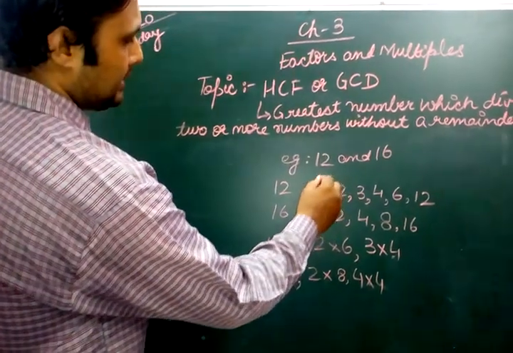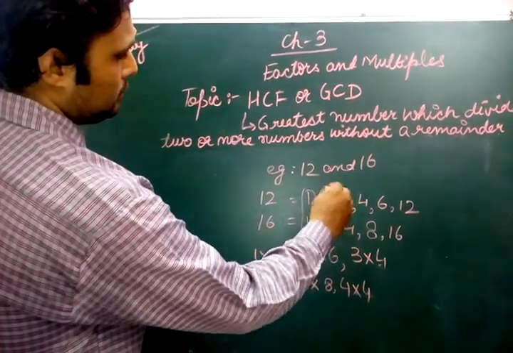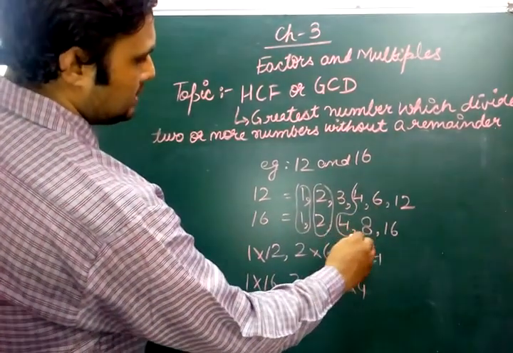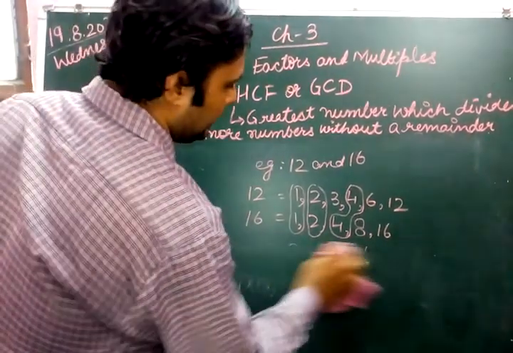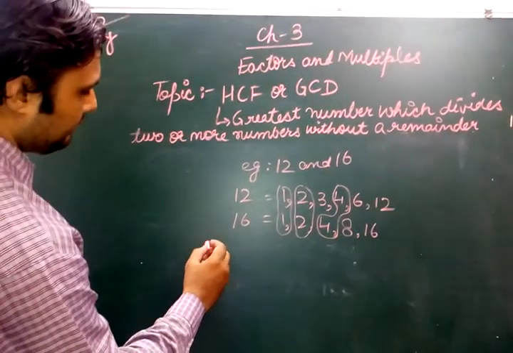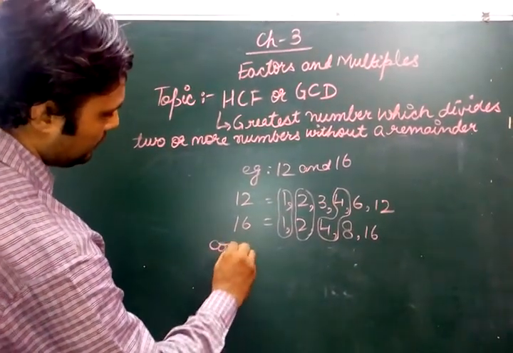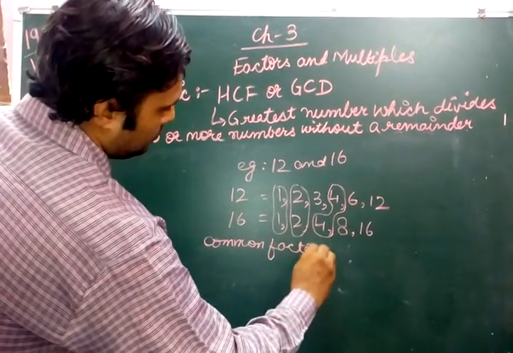Now the common factors are 1, 2 and 4. Now the next thing, we are going to write common factors.